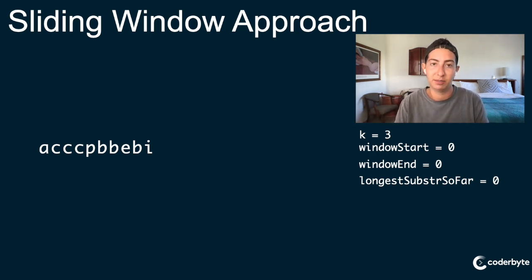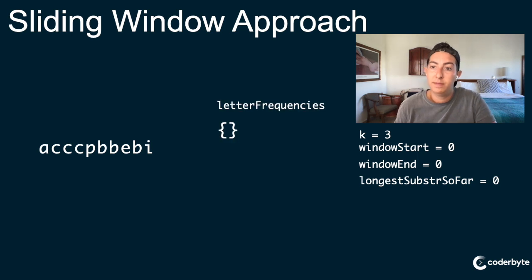The difference here is that we need some way to track the letter frequencies. We need to know how many there are of a certain letter in a substring, because we have to know that there is a certain number of distinct letters, right?